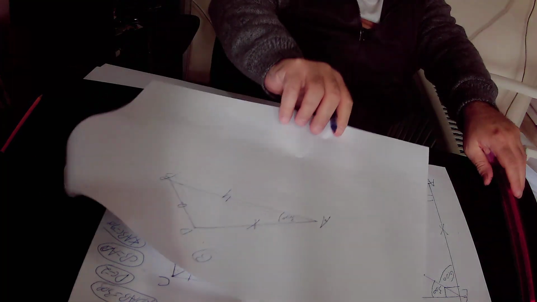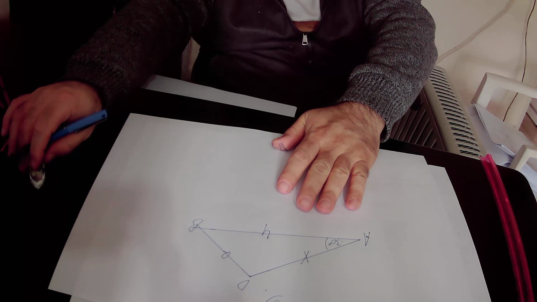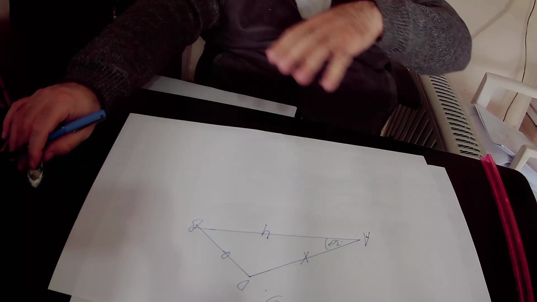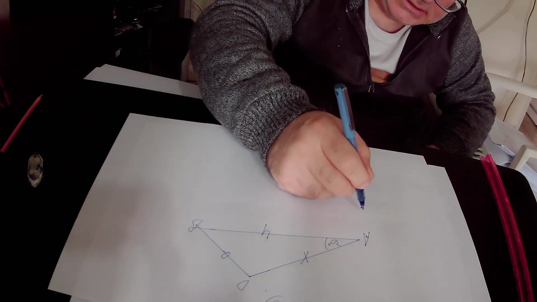So this is triangle ADB that I copied from the original drawing. We will implement the law of cosines on this triangle, triangle ADB.